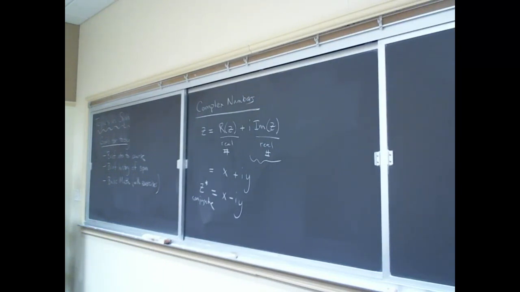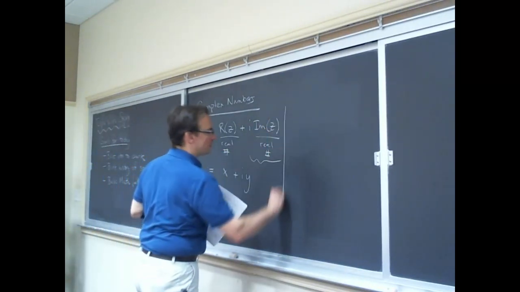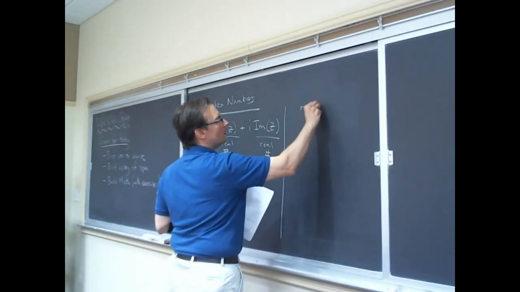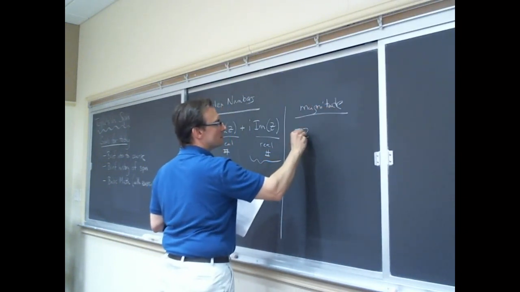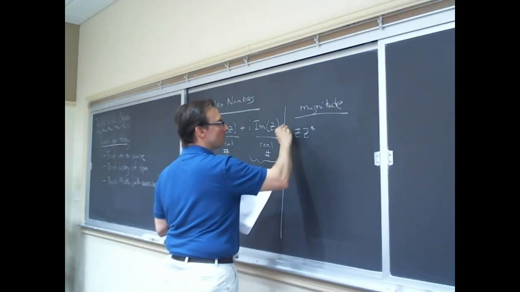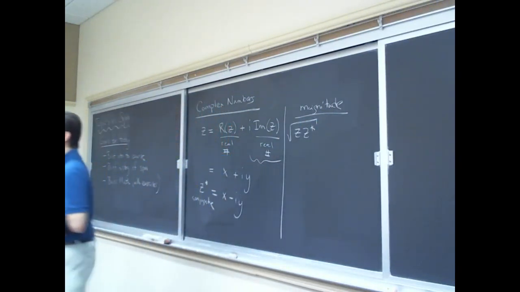All right, so then from this you can develop a whole question about, well, okay, what is the magnitude of a complex number? We want the magnitude of a complex number to be a real valued quantity. So if you're interested in the magnitude, this is written as the square root of z times its complex conjugate.